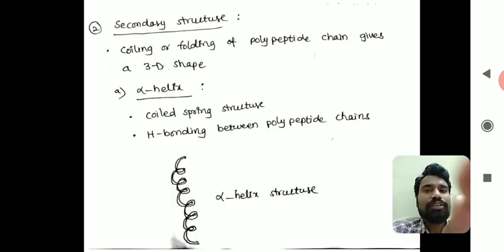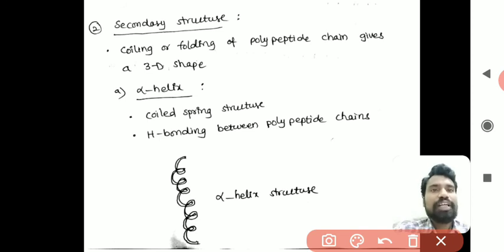The next one is secondary structure. Secondary structure of proteins will have two different structures. Coiling or folding of polypeptide chains gives the 3D shape of the secondary structure.